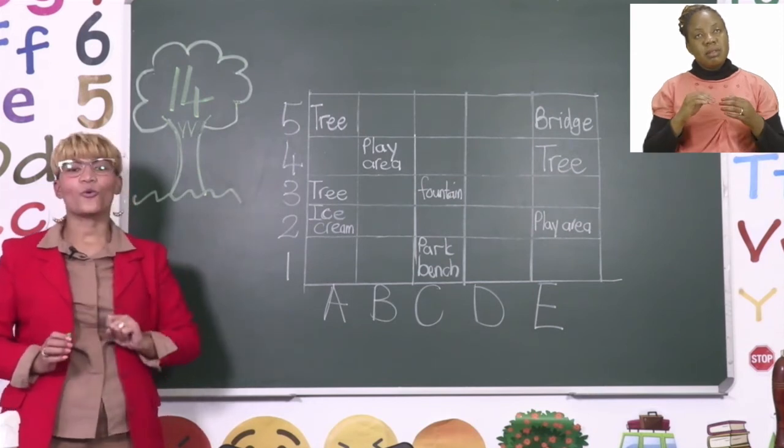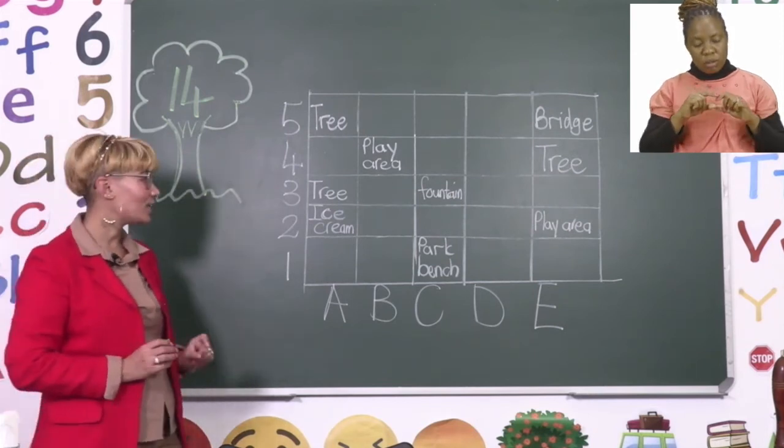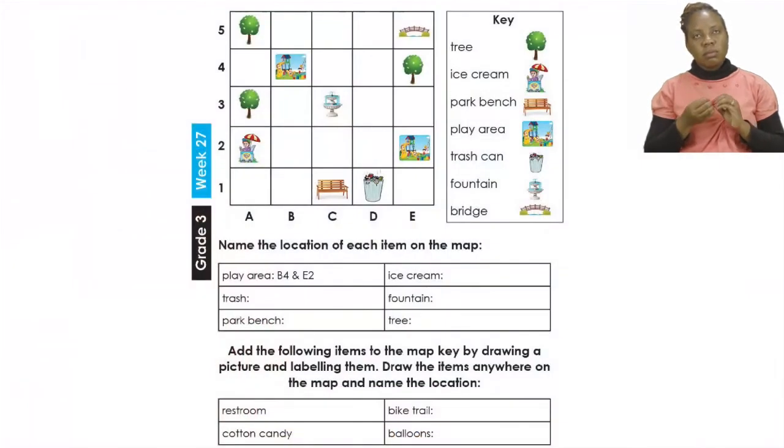Right. Now quickly back on page 14, you will see one example was done. It says you have to name the location of each item on the map. Right. So all the items are given to you there, the play area, the trash can, park bench, ice cream, fountain, and tree.